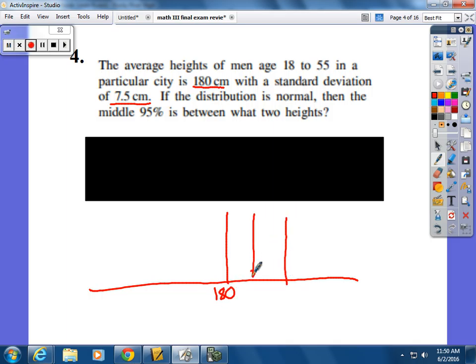I only need up to here because I need the 95%, which is plus or minus 2 standard deviations. So I'm going to add that 7.5 twice, and this goes to 195. When I subtract it twice, this goes to 165. So the middle 95% is between 165 and 195 centimeters.